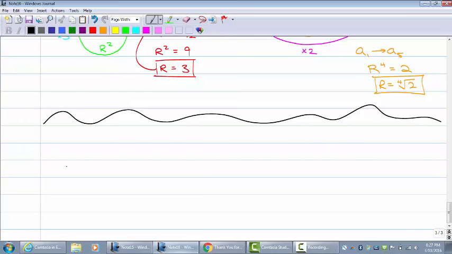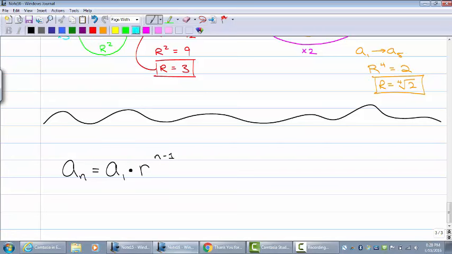The formula for the nth term of a geometric sequence is a sub n equals my first term, that's my initial condition. The relationship is through multiplication, so I'm going to be multiplying using a common ratio to the n minus 1 power.